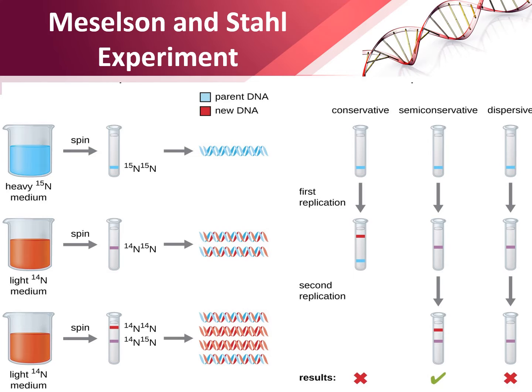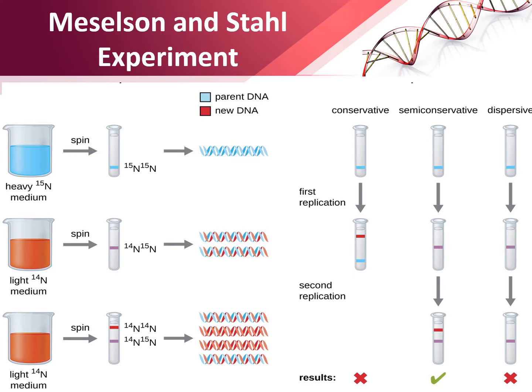DNA grown in nitrogen-15, the blue band, was heavier than DNA grown in nitrogen-14, the red band, and sedimented to a lower level on ultracentrifugation.